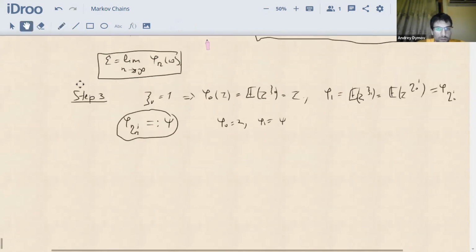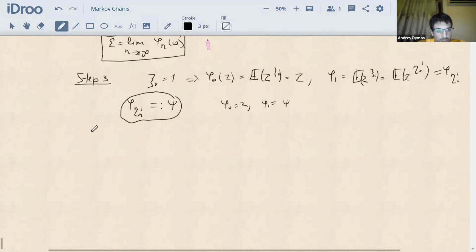and I have the following lemma. It's lemma 16. Phi n of z equals the composition of the function psi n times.